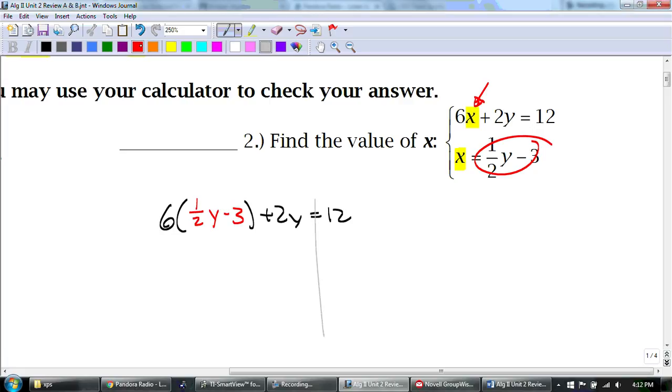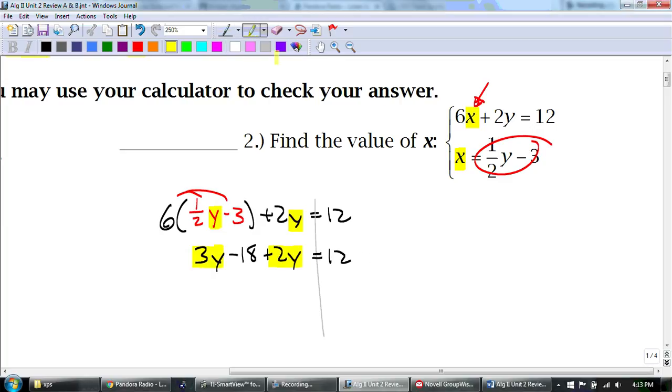Okay, so now I'm just going to solve. I know that I did this right because that's my check right there. All I have are y's. So I'm going to distribute. 6 times 1/2 is 3y. 6 times negative 3 is negative 18 plus 2y equals 12.